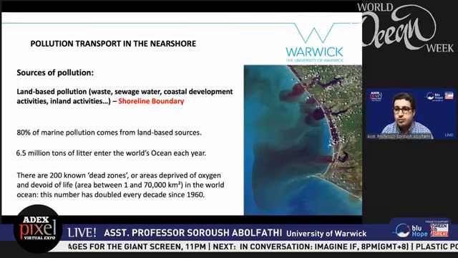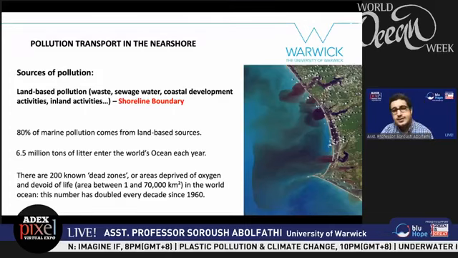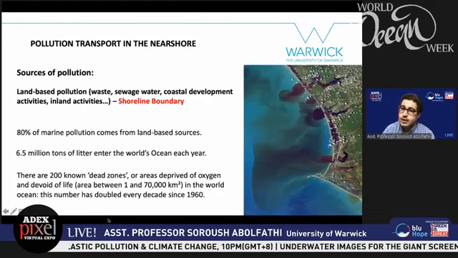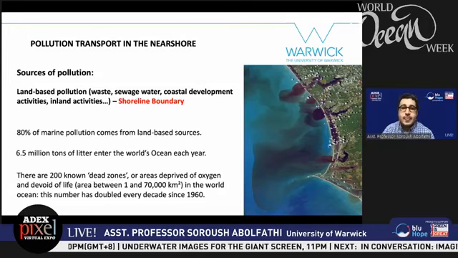It comes from rivers, coastal development, waste, sewage water, inland activities, etc. Again, a 2017 figure of the United Nations: 6.5 million tons of litter enter the ocean every year.